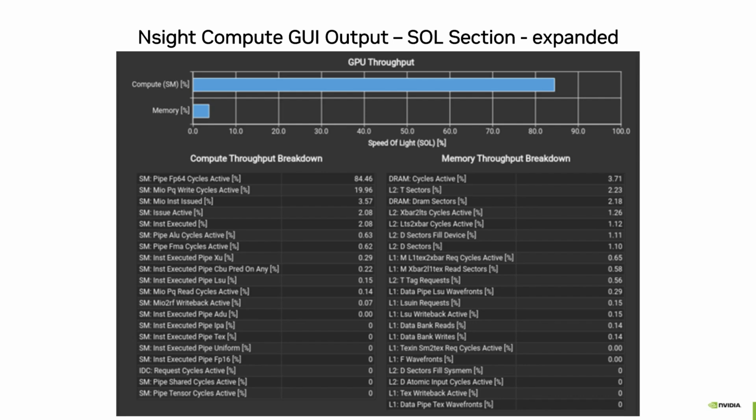For this code, we see that FP64, i.e. 64-bit floating point operations, are the most significant consumer of compute throughput. So the takeaway previously was that we wanted to consider whether we could shift the compute load elsewhere. And in this area, we now know that the compute load that we want to shift is 64-bit floating point compute.